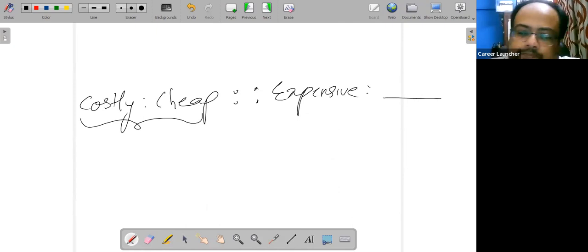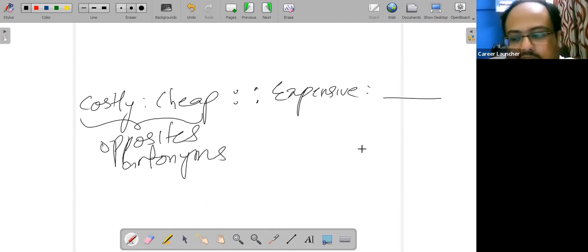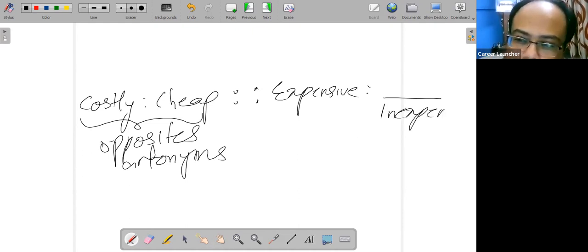So I understand the relation between the first two words. These two words are opposites, antonyms. So that same relation I apply to the next pair. The antonym of expensive is going to be inexpensive.